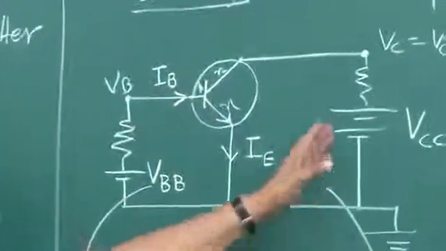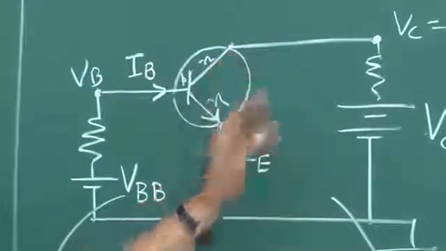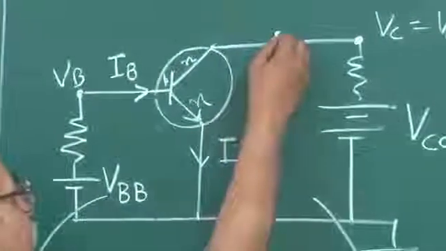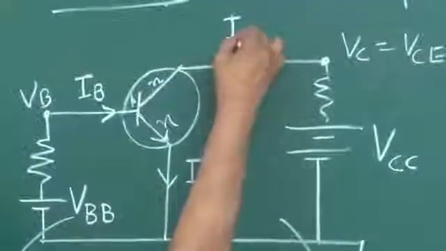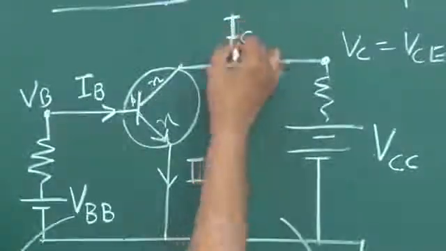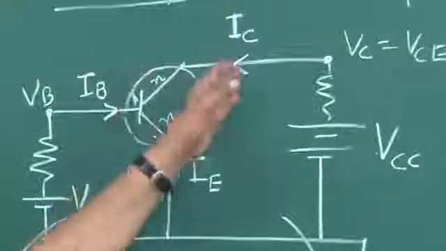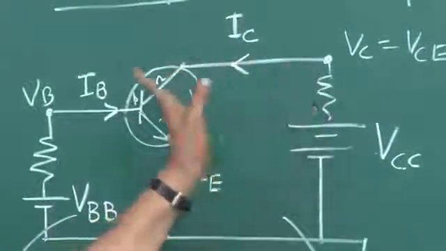And then any current that is here in the collector, that is written as IC, and this arrow is IC. Okay, remember this is reverse biased, and then the current will be of this type.